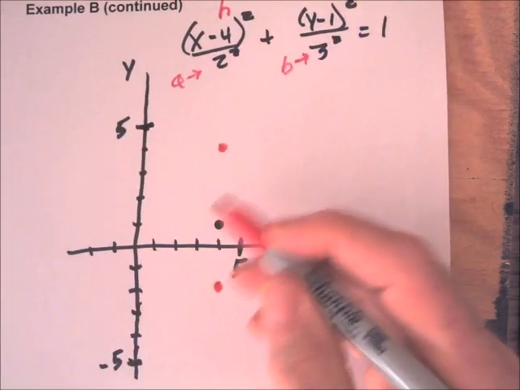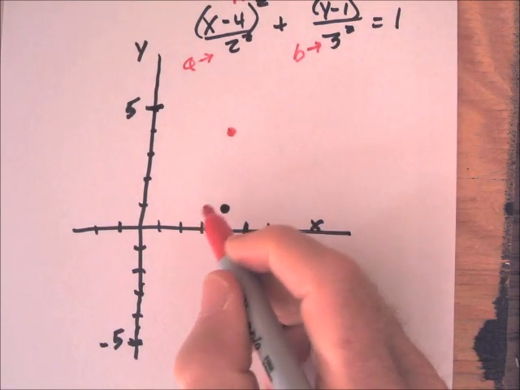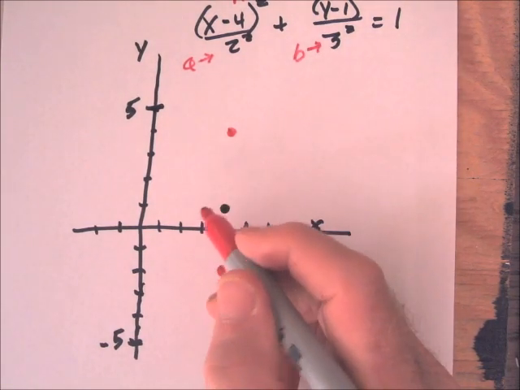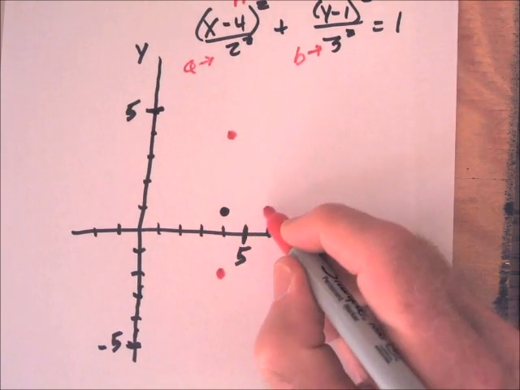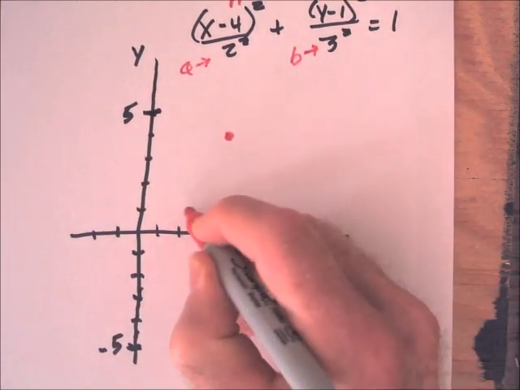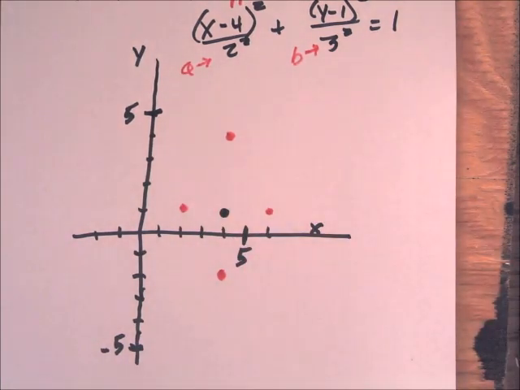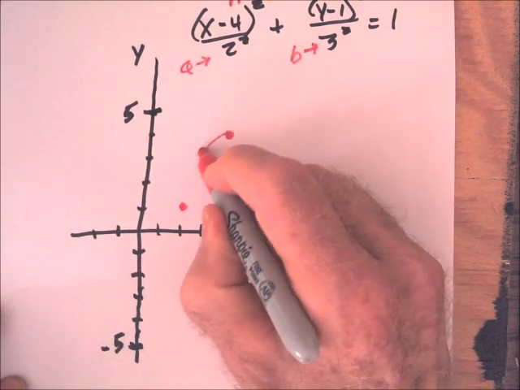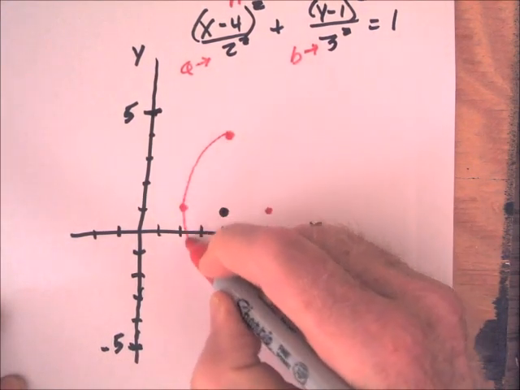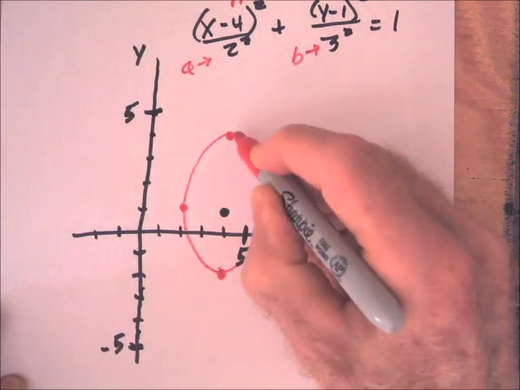I made the scale by hand, so it's a little bit uneven here and will look a little out of kilter. From the center, the x radius is 2, so we go 2 to the right and 2 to the left. Those are the co-vertices. Then if we connect the dots, that'll give us our ellipse.